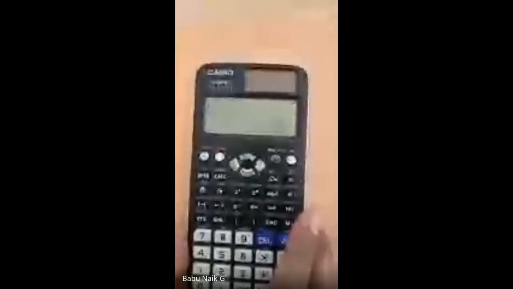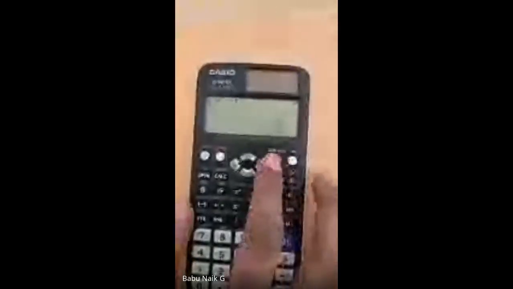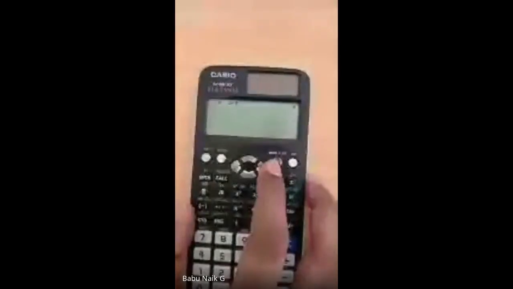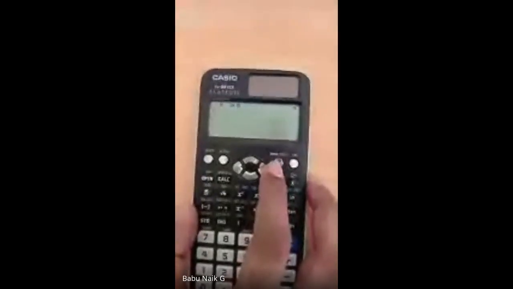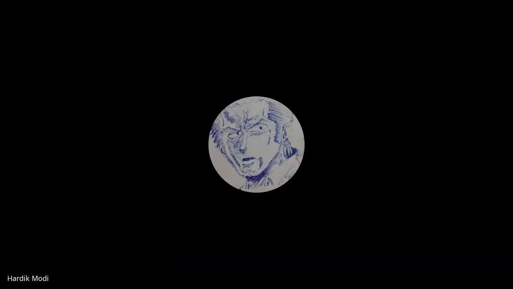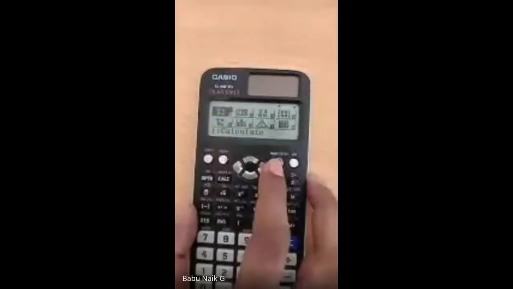There's a mode button next to the power button, right? Yes, sir. Press the mode button.